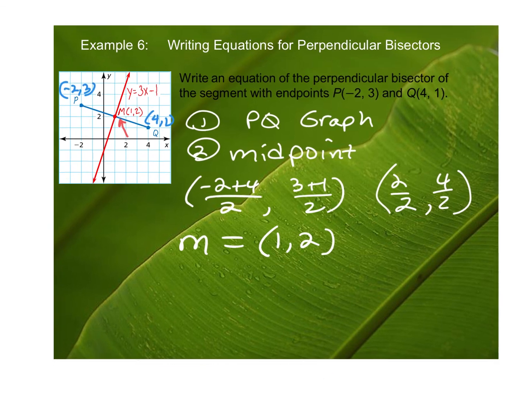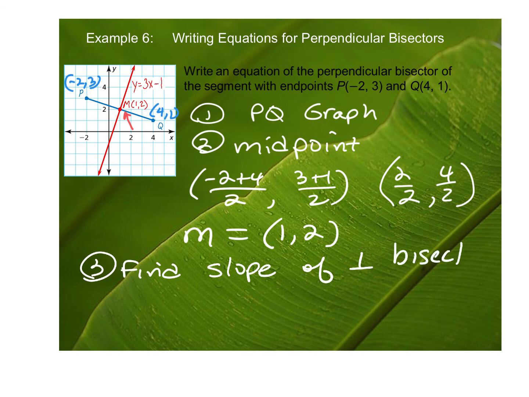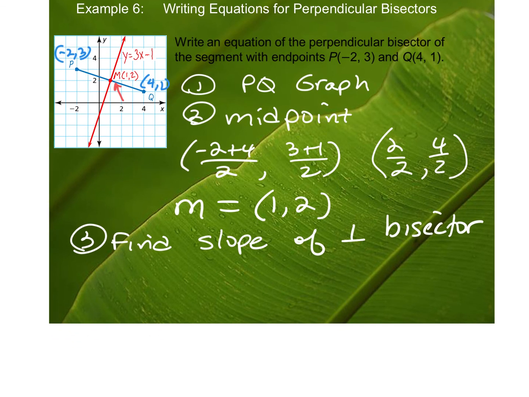The next thing I need to do, my next step, is going to be to find the slope of the perpendicular bisector. So the first thing I want to do is find the slope of PQ. And then back in chapter 3, we learned that the perpendicular slope was always the opposite reciprocal.